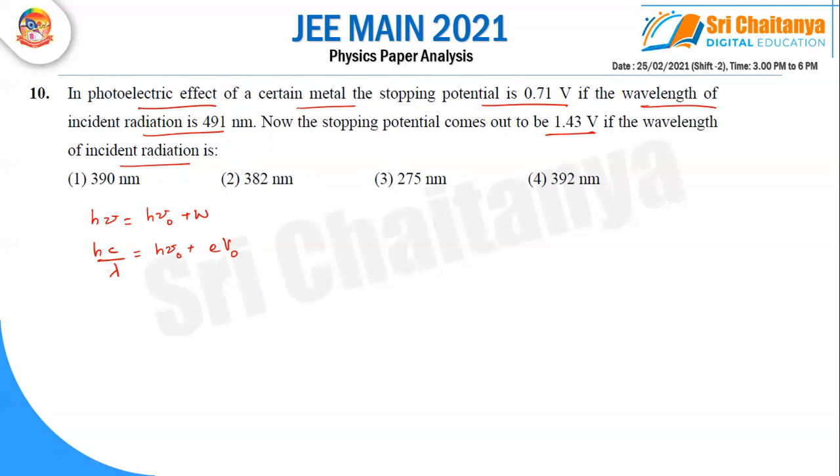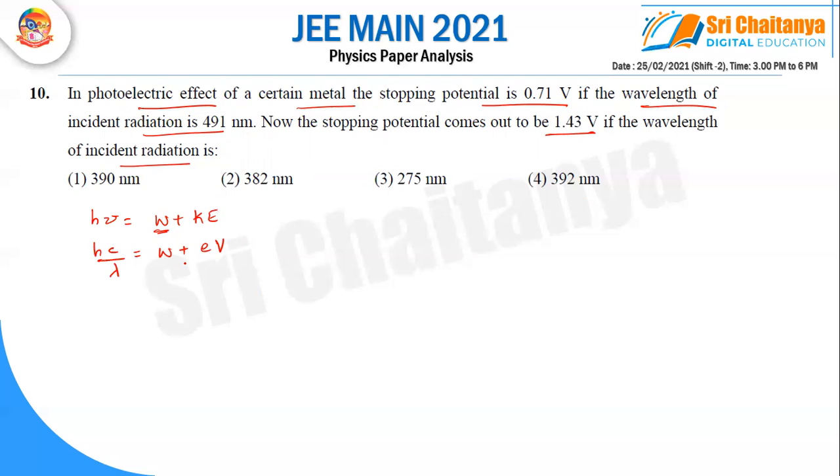Now this is better done in this manner: h nu is equal to W plus KE, where this is the work function and this will be in eV.